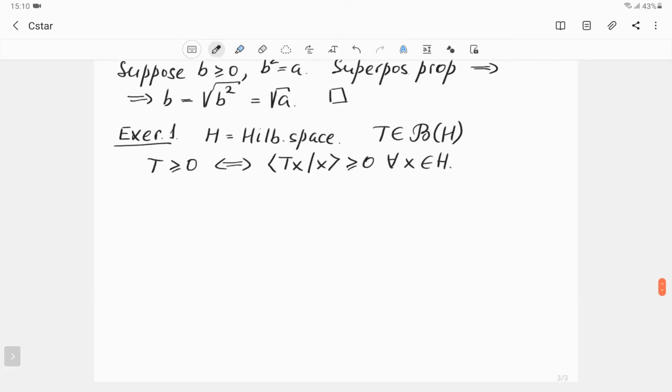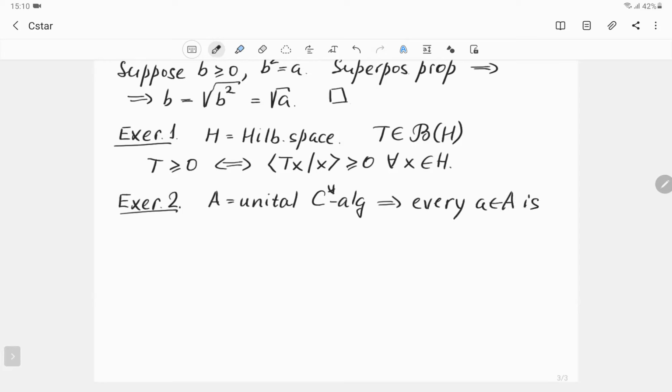And another illustration, exercise 2. If A is a unital C-star algebra, then every element of our algebra is a linear combination of 4 unitary elements.